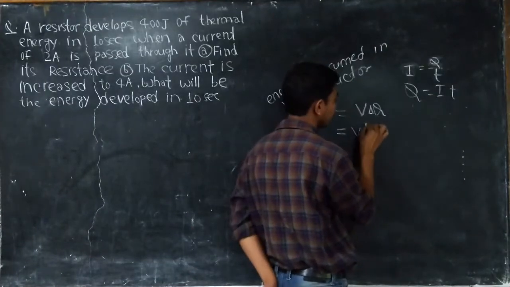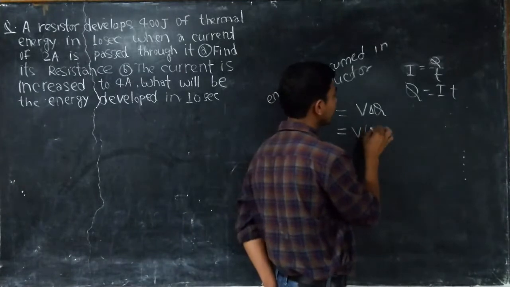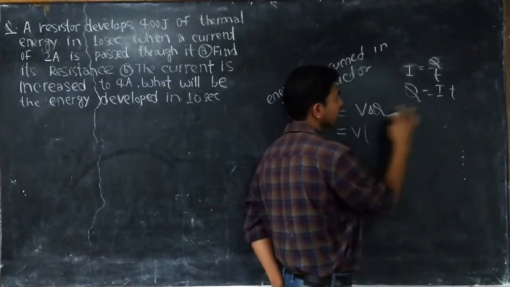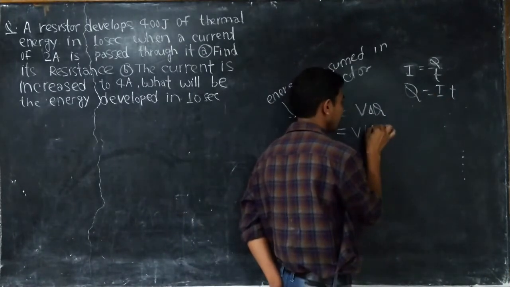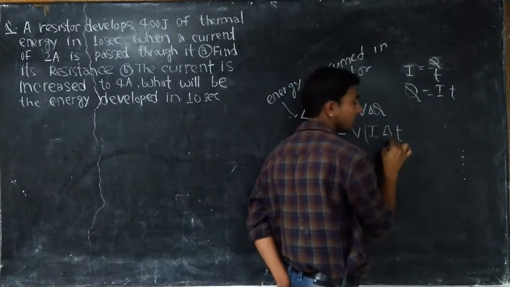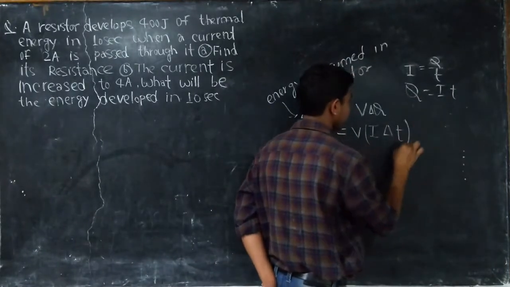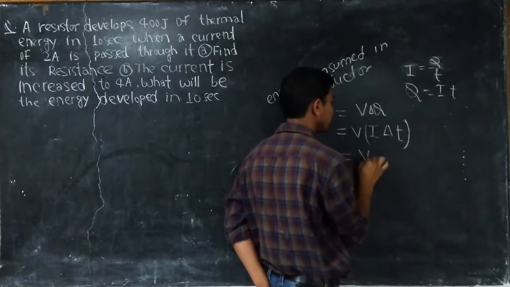So in place of delta Q, we can write I into delta T. The delta T is time interval, right?